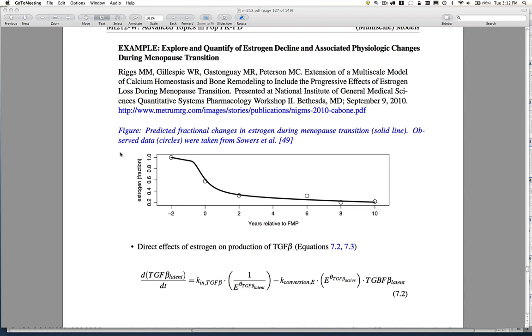Interestingly, when you go into the literature, we don't really know why that occurs. There's a lot of purported mechanisms. There's some literature that supports an involvement of estrogen on the TGF beta system. There's direct physiologic evidence that estrogen affects the reabsorption of calcium within the kidney, and so affects the amount of calcium that leaves the system out the urine.